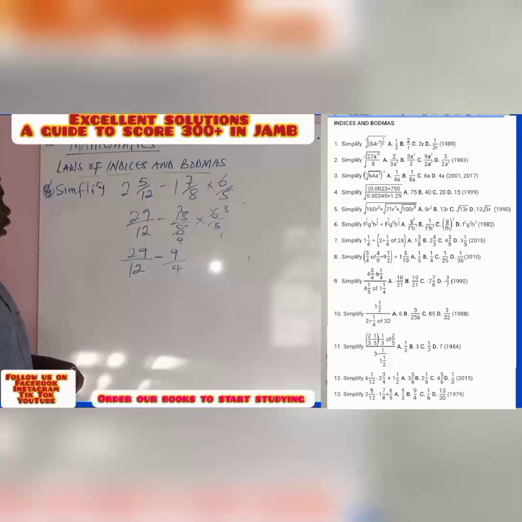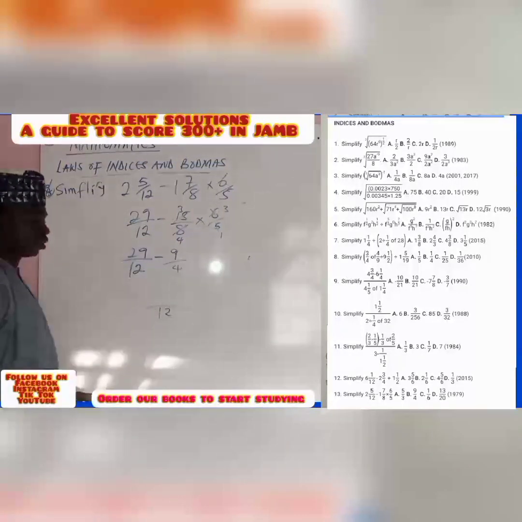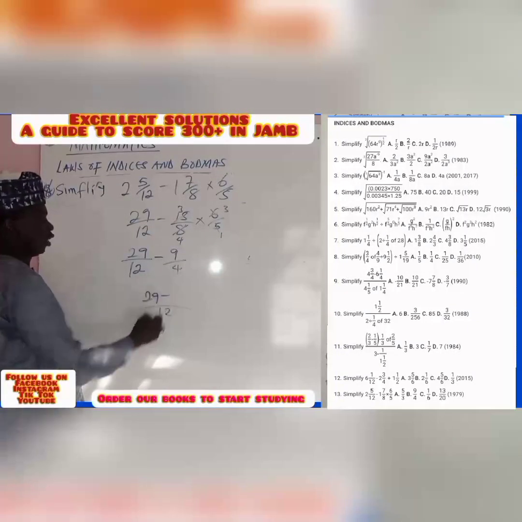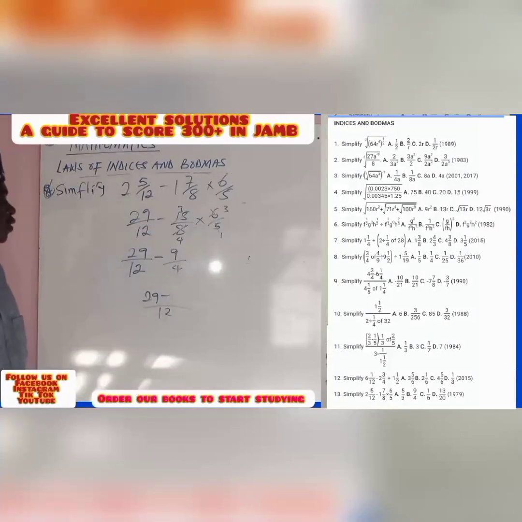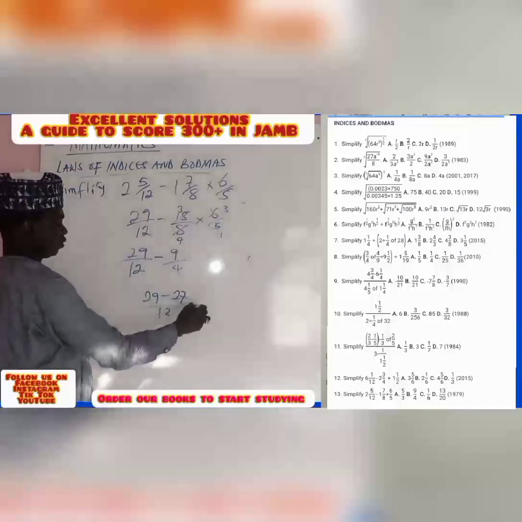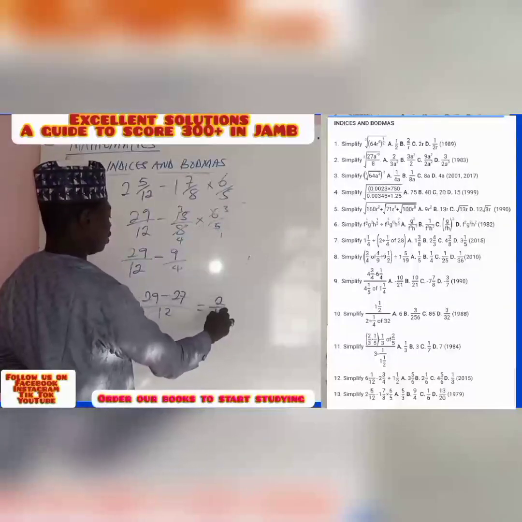So here we look at our LCM. LCM is 12. So 12 divided by 12, we have 1. 1 times 29, we have 29 minus 12 divided by 4 is 3. 3 times 9, we have 27. So in this case, we are going to have 29 minus 27, we have 2 over 12.